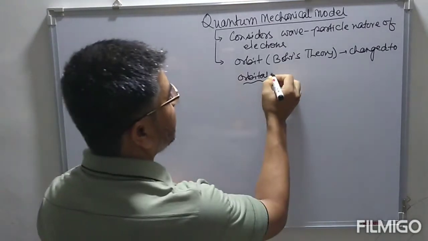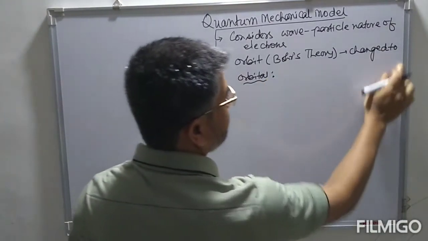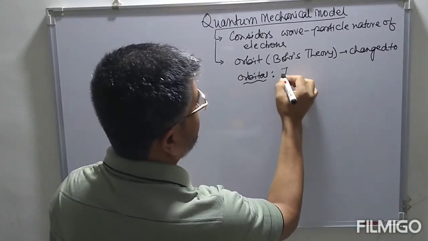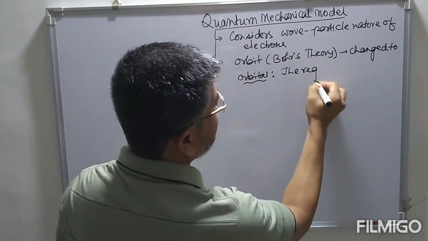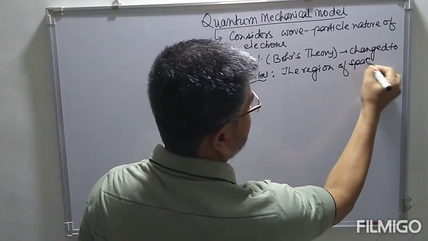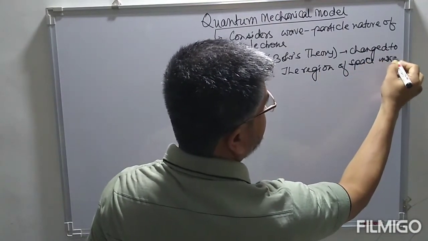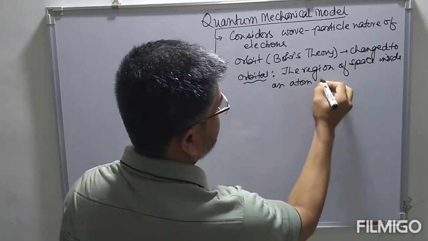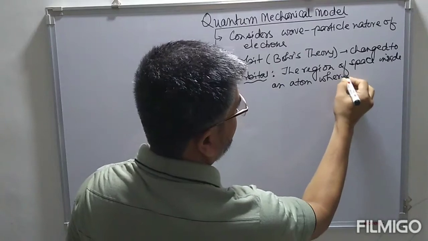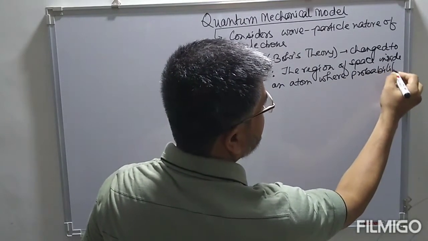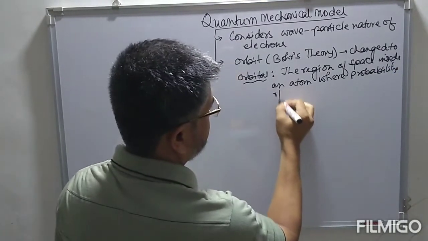So an orbital is defined as the region of space inside an atom where the probability of finding the electron is maximum.